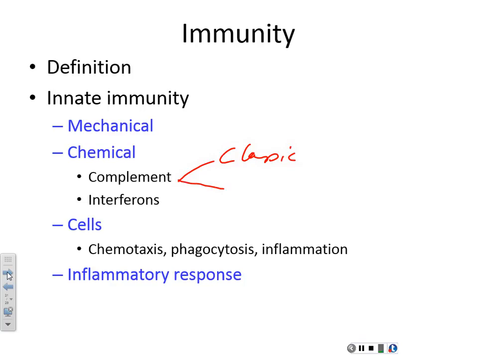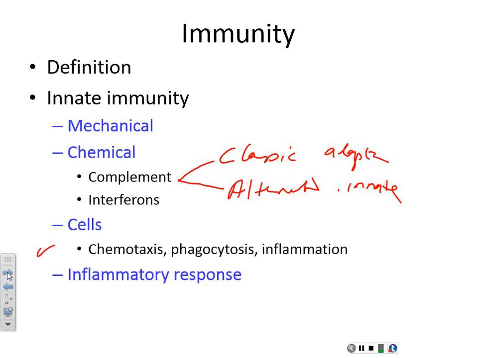And then the other way, the alternative pathway, is the innate, and the classic is the adaptive pathway of activating complement. So complement is one of the chemicals involved in innate immunity via that alternative pathway. That's with factors B, D, and P, and it will activate C3, which is complement protein number 3. Then you get that complement activation.